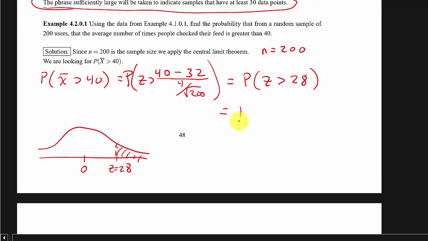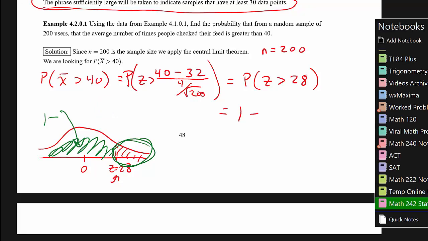So that means we have to do 1 minus, and remember when you look up the 28, that gives you this area here to the left. So if we do 1 minus this area, that'll leave us with this area here, because the area under the entire curve is 1.